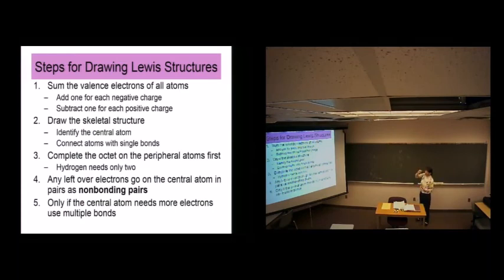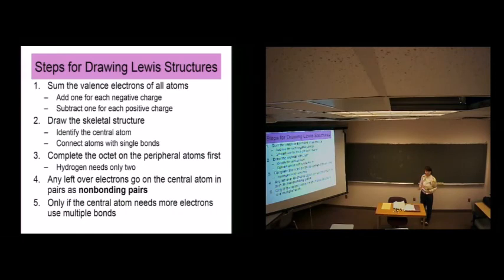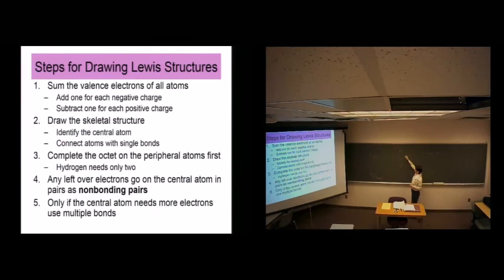Now I'm going to connect them with single bonds. So I'm starting to use some electrons. Every bond uses how many electrons? 2 electrons. So we're going to keep a tally. I've got 14 individual electrons. Now I'm going to connect all these with 4 single bonds, right?